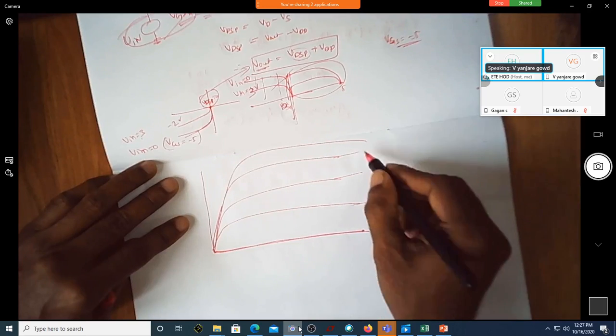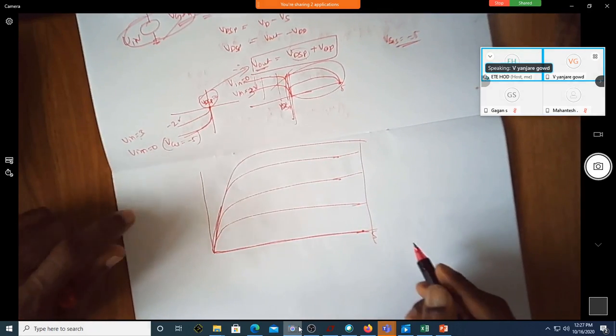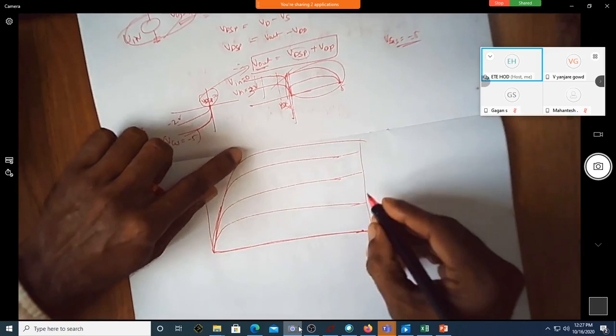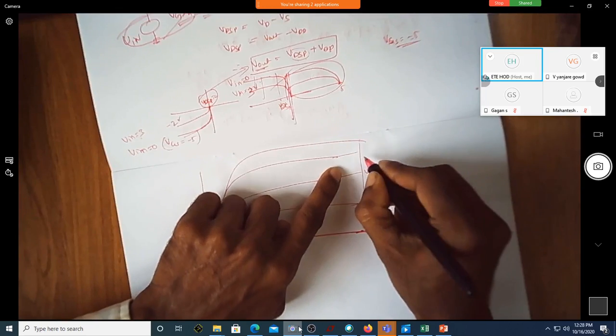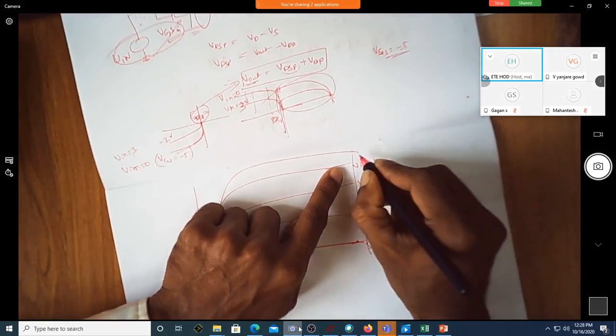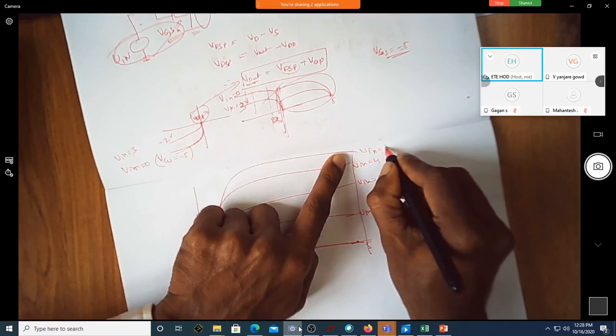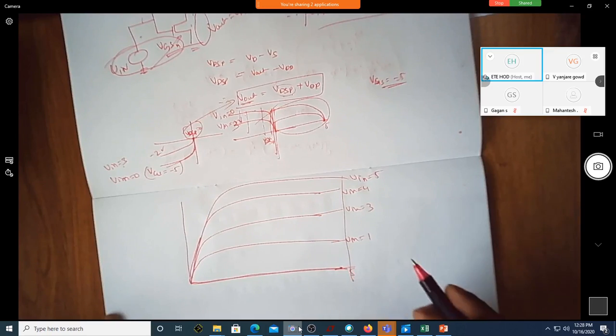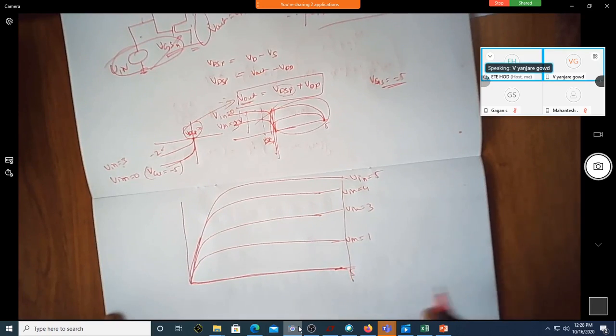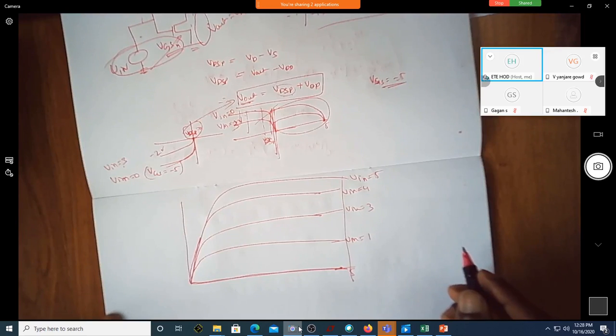Assume that this is 5. So when Vin is equal to maybe 1 volt, 3 volt, 4 volt, and Vin is equal to 5 volt. Similarly, when Vin is equal to 0, what is VGS of P? Minus 5.